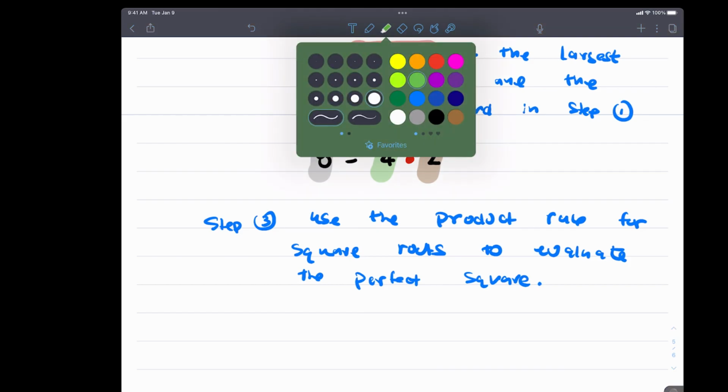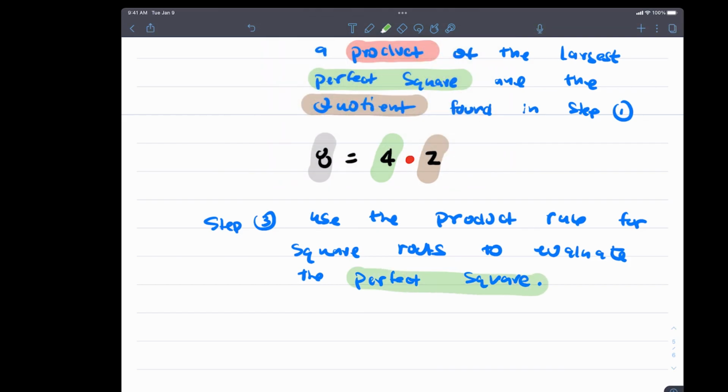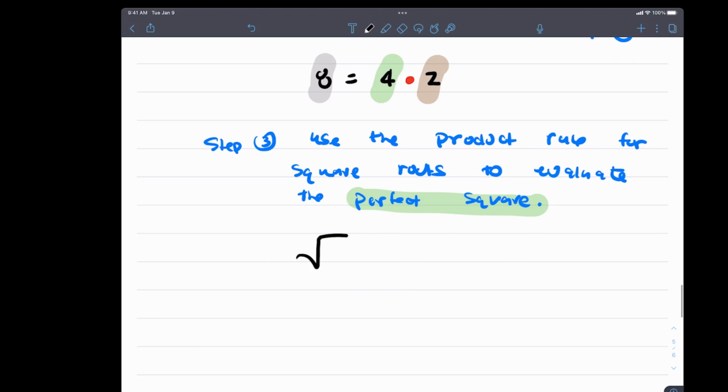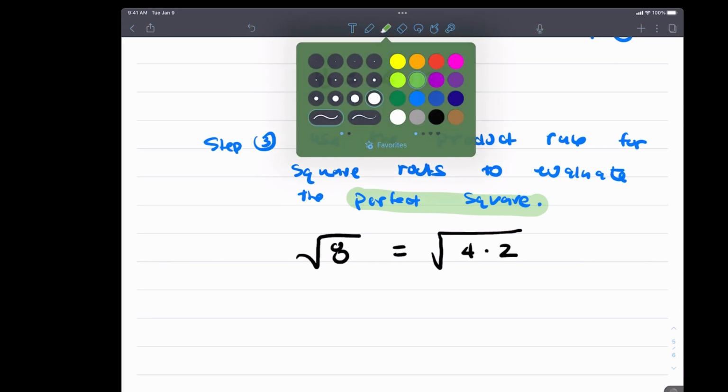The perfect square, I'm going to put that in green. So let me show you. Remember, what's the original question? Square root of 8. We write 8 as 4 times what? 2. Here's that 4. That's what we're going to look at.